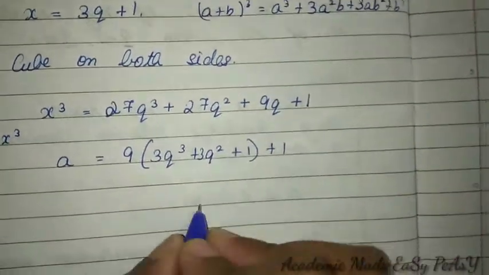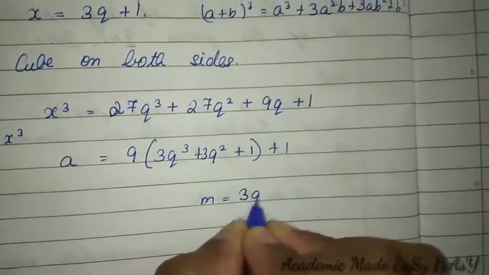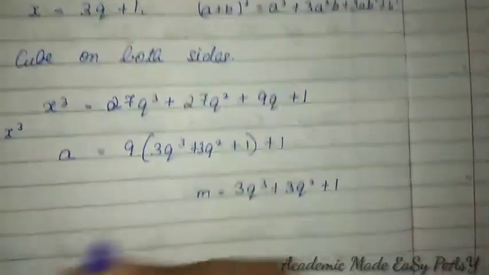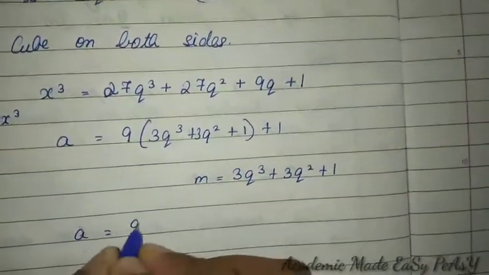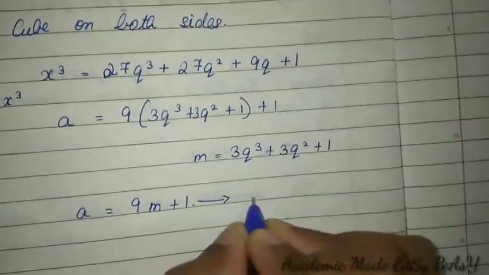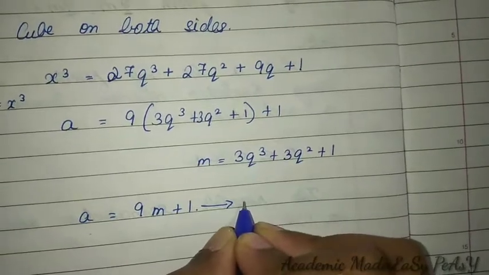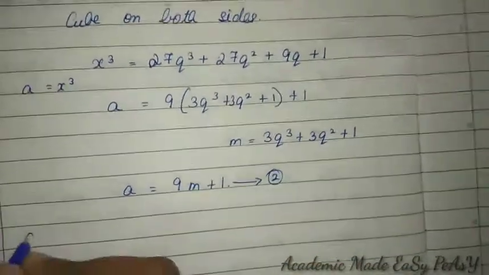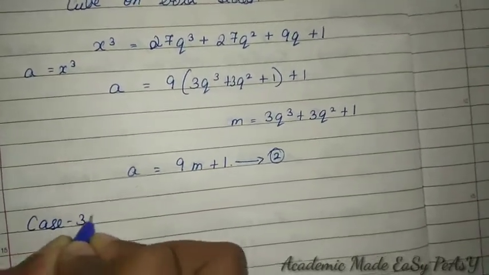So I will write m is equal to 3q cube plus 3q square plus q. So a is equal to 9m plus 1. Let this be equation 2.